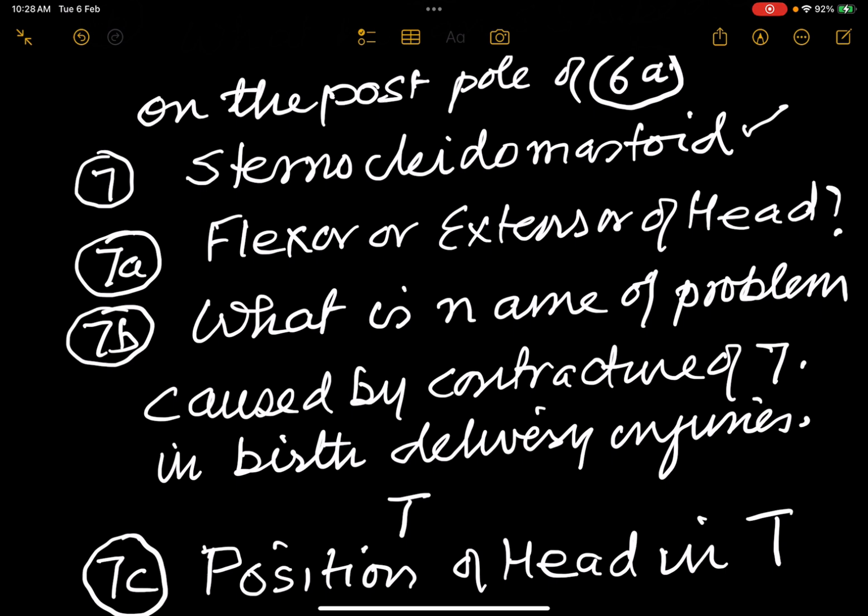The fibers that come from the mastoid to the clavicle, cleidomastoid component, pass anterior to the axis of the flexion extension axis of the atlanto-occipital joint, and therefore they flex. So it is both a flexor and extensor of the neck.